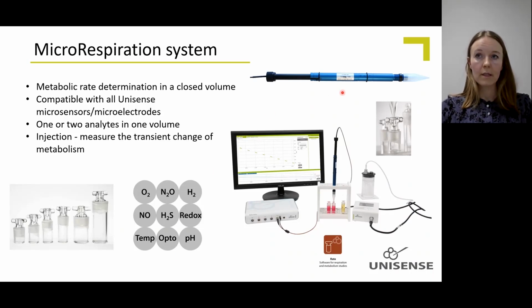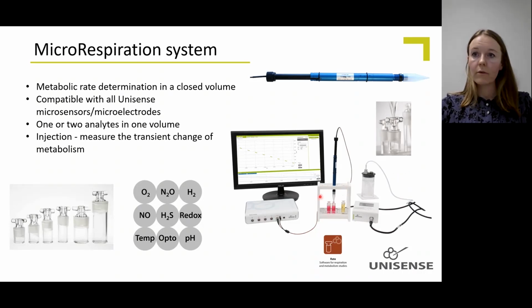The sensors for this system are mounted in this blue aluminum guide with a plastic cap that fits into the lid of the microrespiration chambers. And the cap here ensures correct insertion through a very narrow capillary hole. And the diffusion in and out of the chamber here is so slow that we can consider it closed.